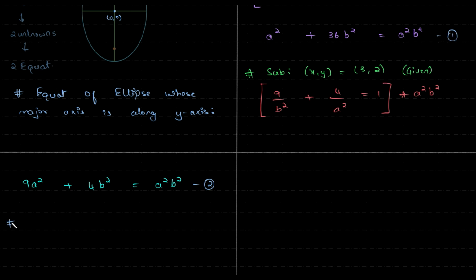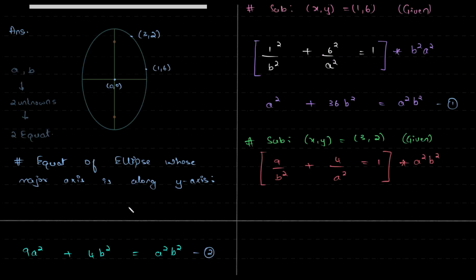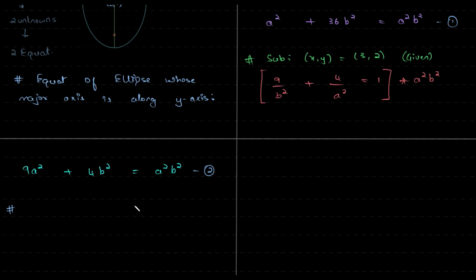So how will we go about doing this? We can think of the elimination method. So I can multiply equation 2 throughout with 9, right? And what will we get? No, it's correct. So I can multiply equation 2 with 9 and subtract equation 1.